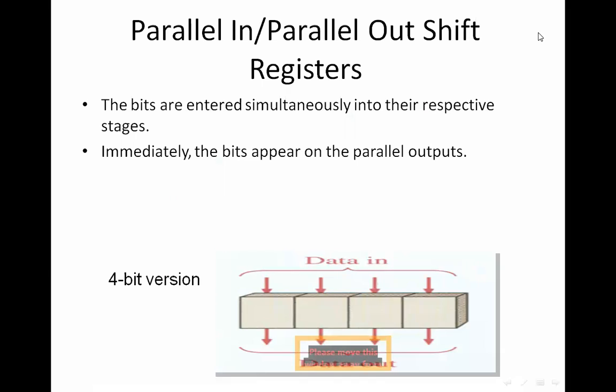fine. So now we'll look into a different configuration, which is your parallel in, parallel out shift registers. So here you have data which is entering in parallel. So this is your data in, and the one which comes out is your parallel out.